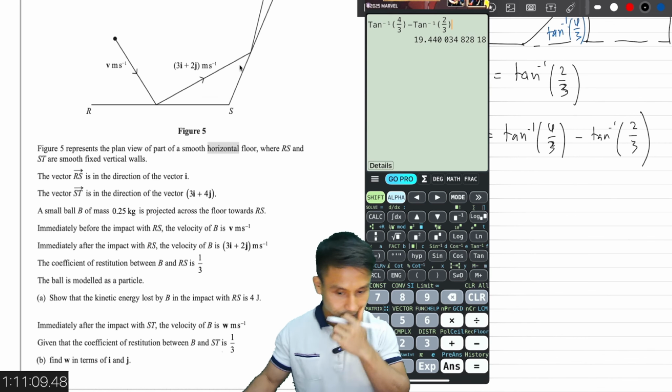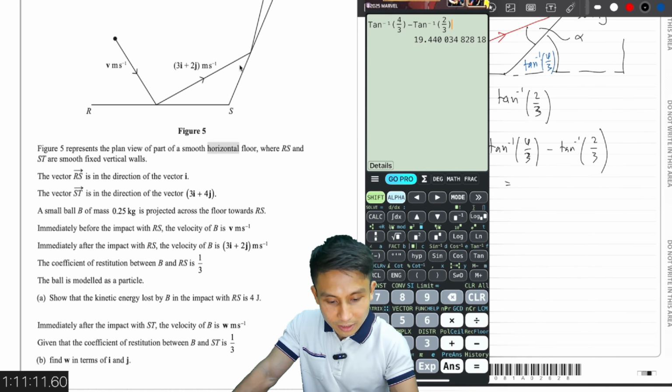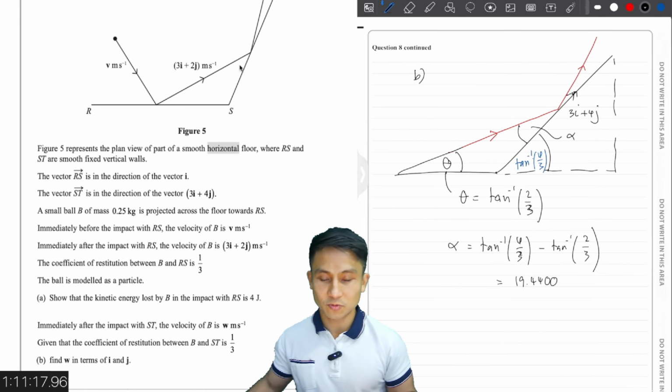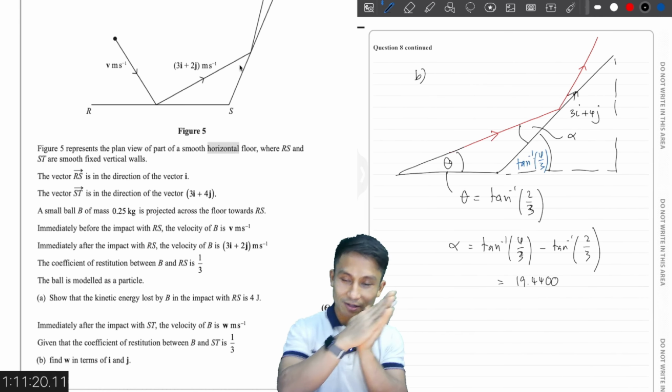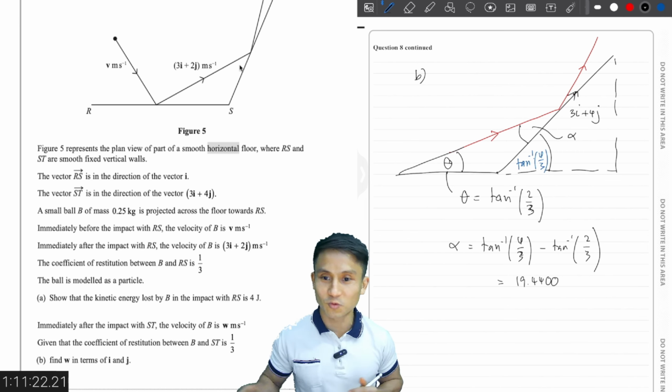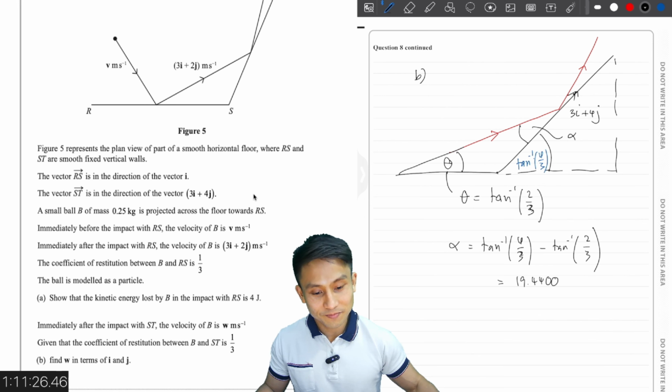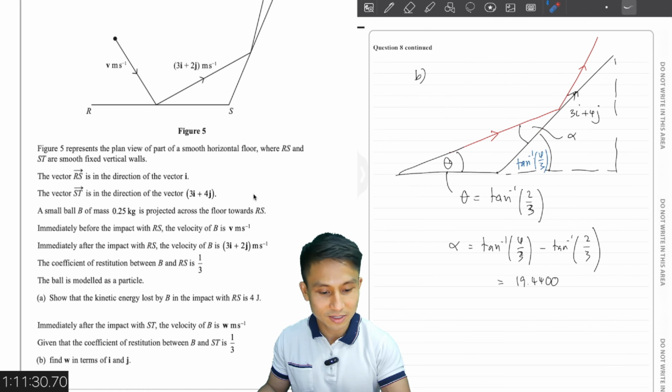Okay, so I get, gonna go quite precise here, that alpha angle, which is the angle between the second impact and the inclined wall there. Weird, but anyway, we can solve this to this direction and this direction now, right?